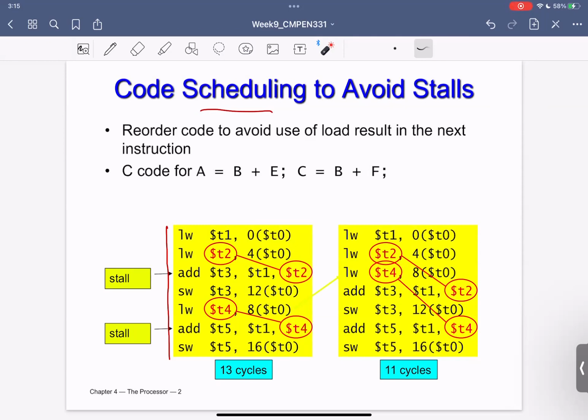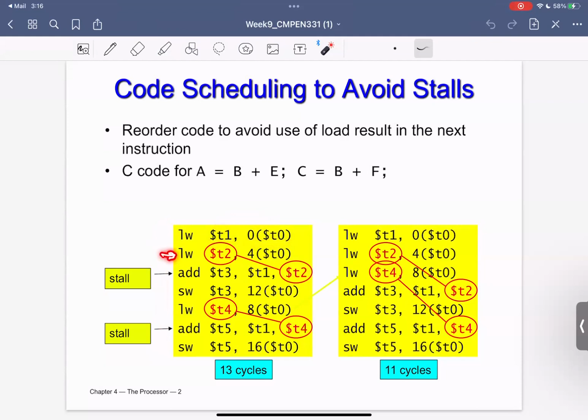We also mentioned earlier, suppose that I have this particular code. As we have mentioned, this first line is just doing a load word from that particular location in the memory to a certain register, which we refer to as T1 here.